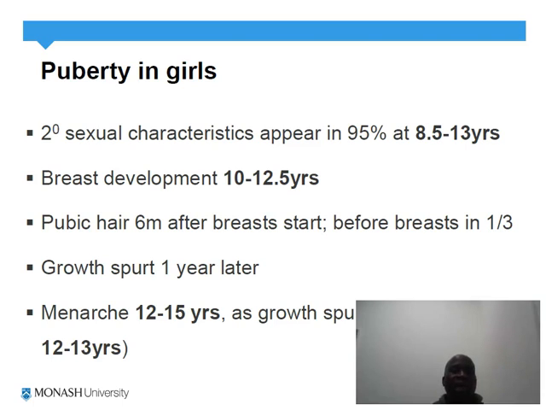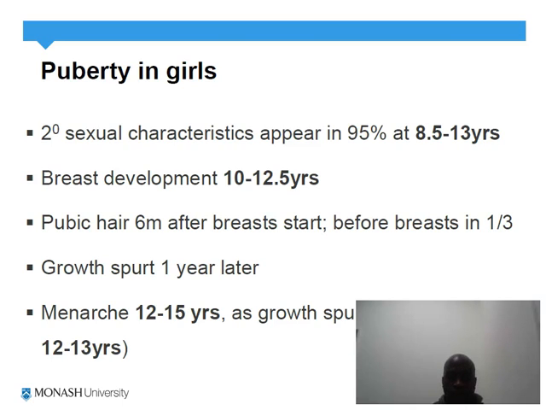And it is also characterized by breast development between 10 to 12.5 years. And also pubic hair 6 months after breast starts. Which means that 6 months down the line after the breast starts, the female child gets to develop pubic hair.